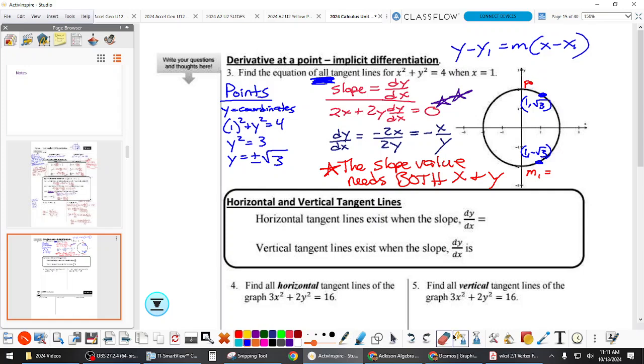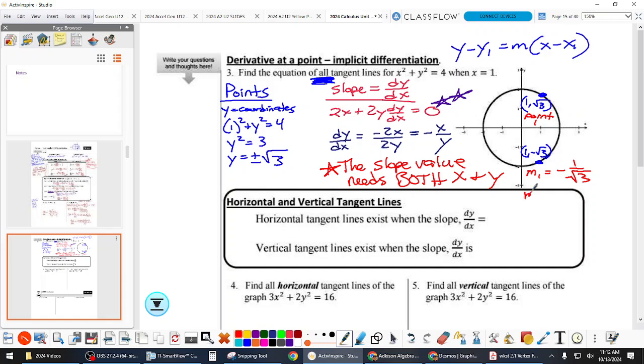Actually, I'm going to draw that in a second. So, our slope in this case, we'll use the positive version of the y. It's actually a negative slope, which makes sense. It's going to come in like that.